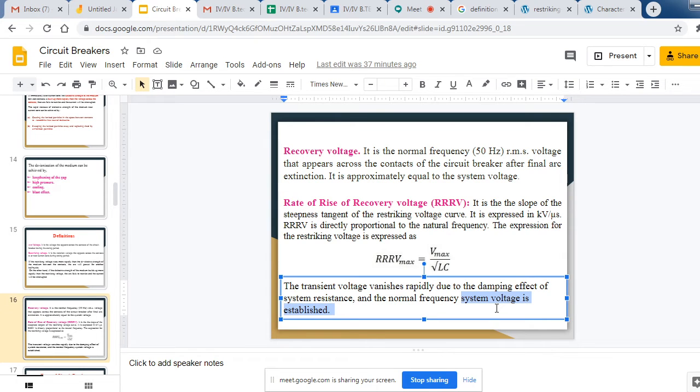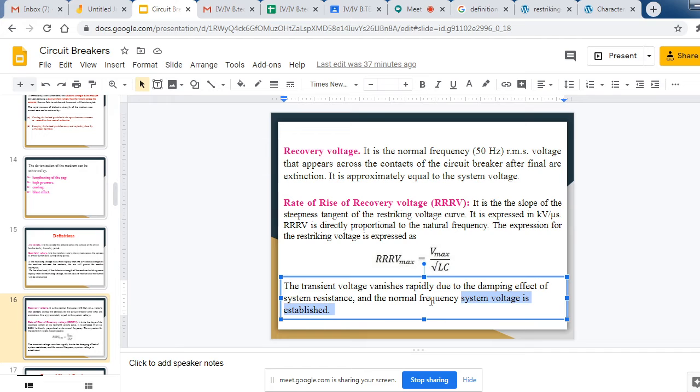Am I right? Yes, sir. So how do the transients get damped out and vanish? Because of the effect of damping. And how does the damping come? Because of the presence of inductance, capacitance and resistance. Right, there will be a damping effect. Due to this damping effect, the transients in the restriking voltage vanish.